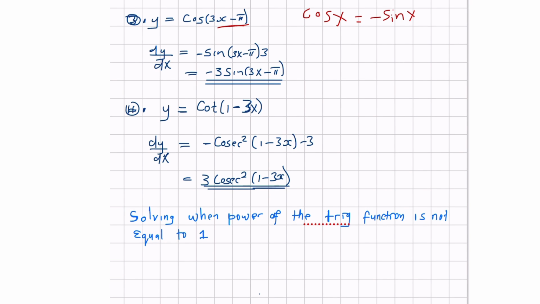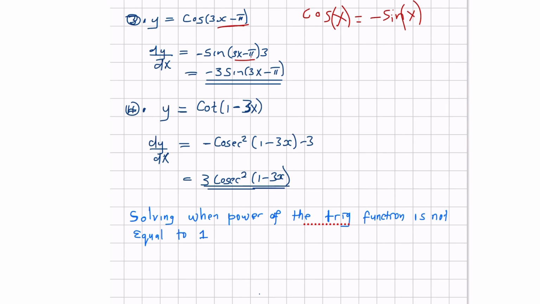But now we have cos of 3x minus pi here. That's what we now have instead of x. So the derivative still remains the same, right? So the derivative is minus sine of 3x minus pi, right?